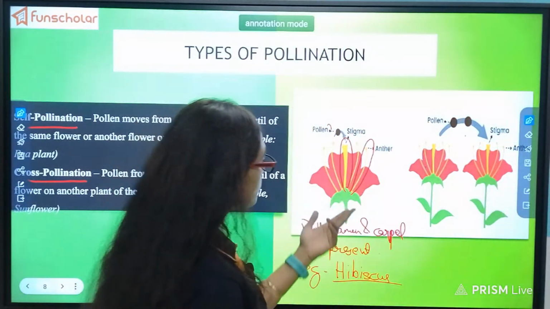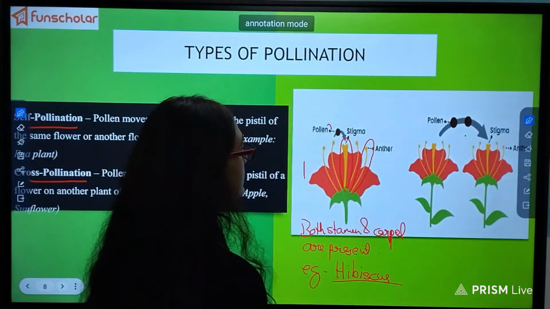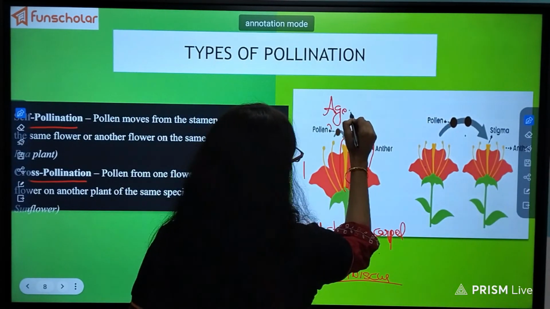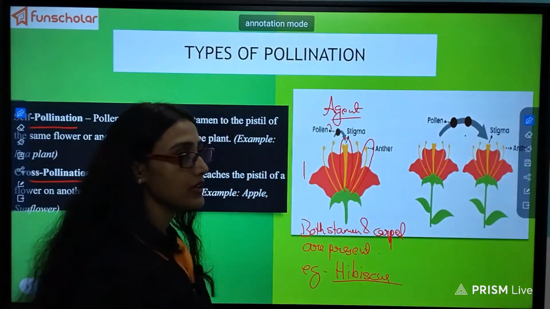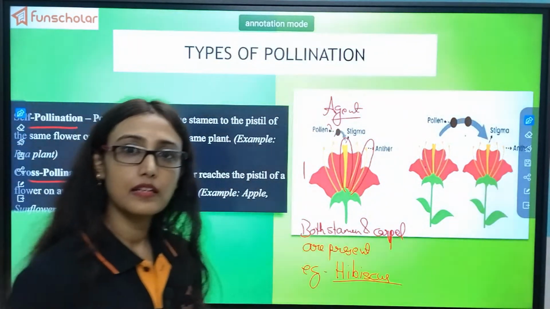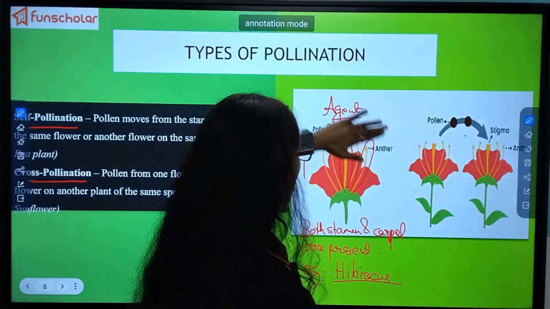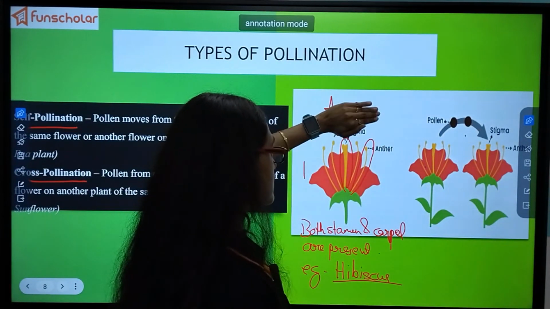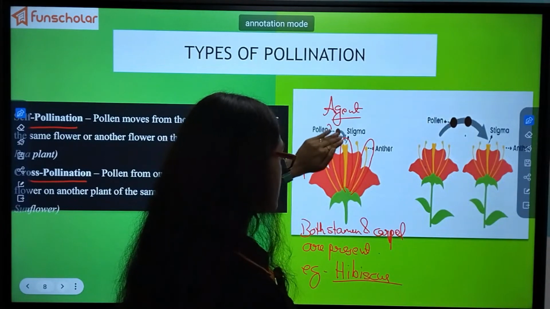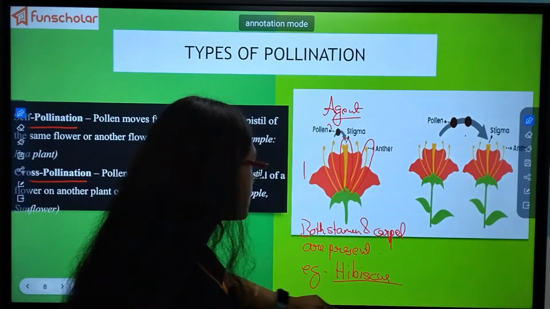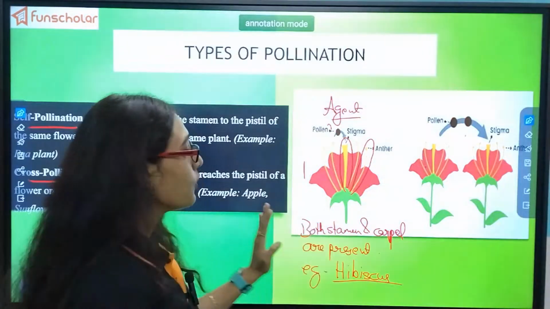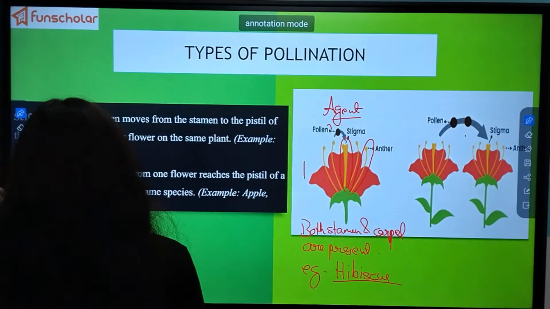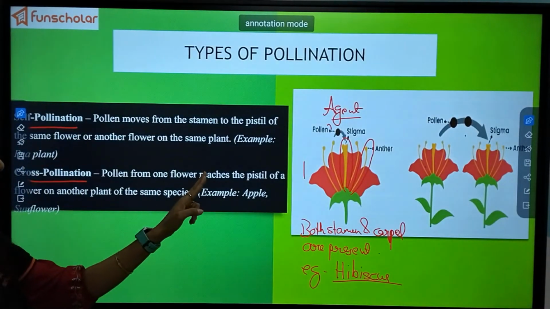So in this case, they need some agent, like the bee or some other insect we have seen. While taking the nectar, they will transfer the pollen grains to the stigma, which ultimately leads to the formation of seed. When it happens in the same flower, it is known as self-pollination.